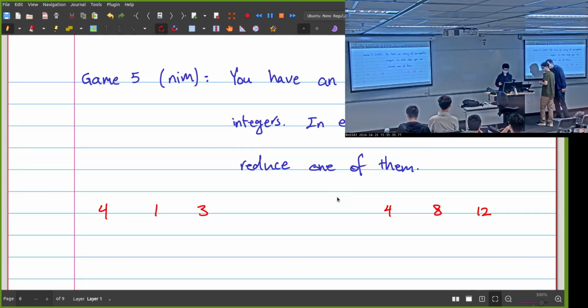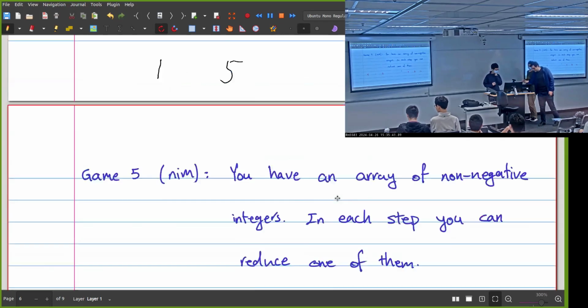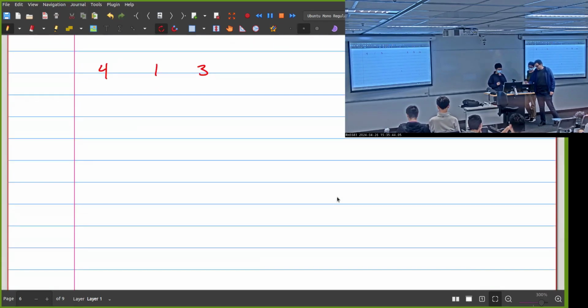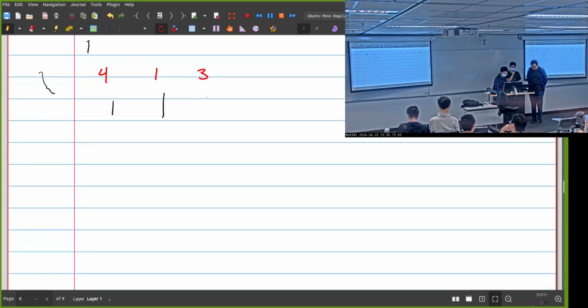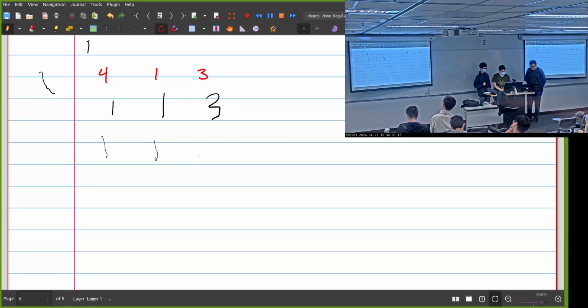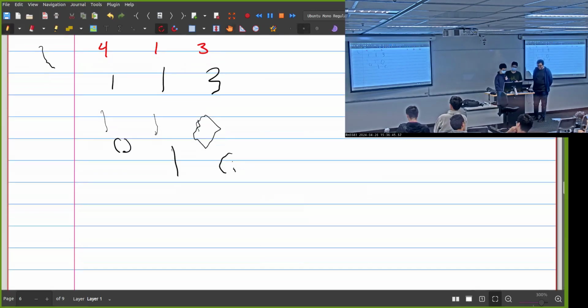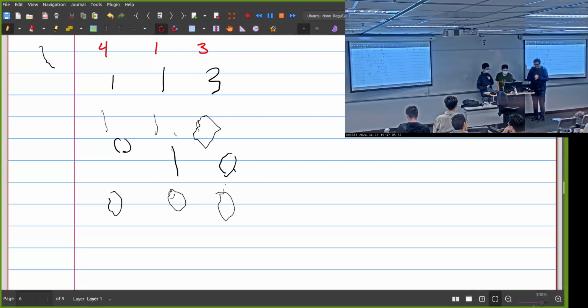Okay, 2 more volunteers. Okay, play the game on the left. So we have 4, 1, and 3. In every step, you can reduce one of the numbers. Okay, great.